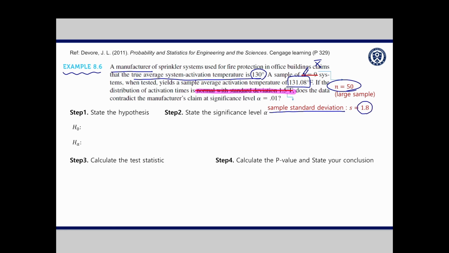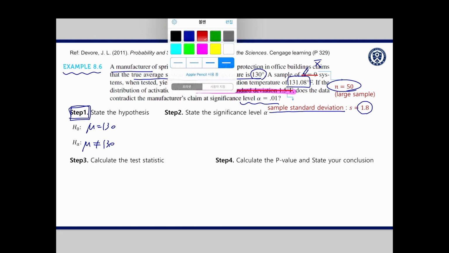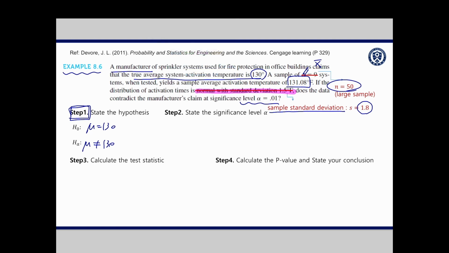Under significance level alpha 0.01, the hypothesis test is like this, and step 1 is H0: mu equals 130, and the alternative is mu not equal to 130.